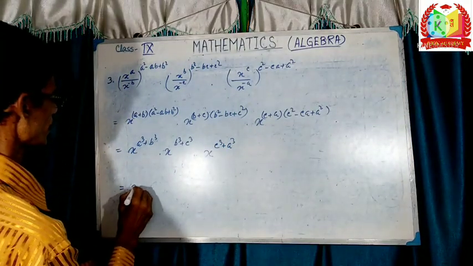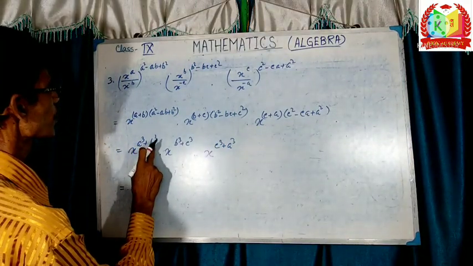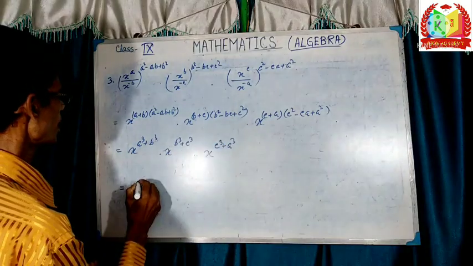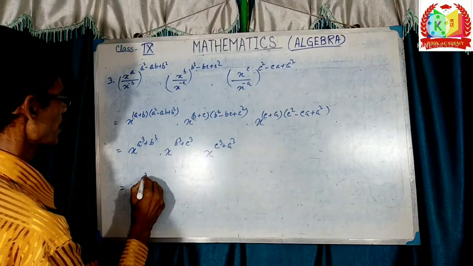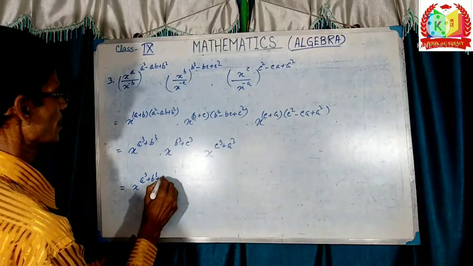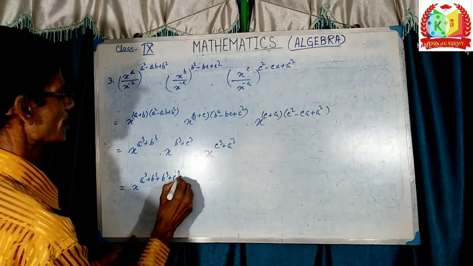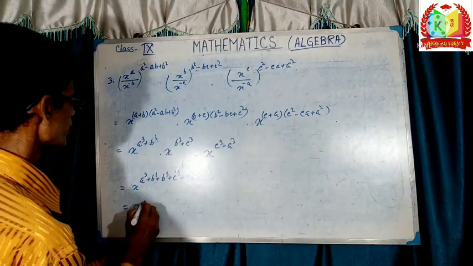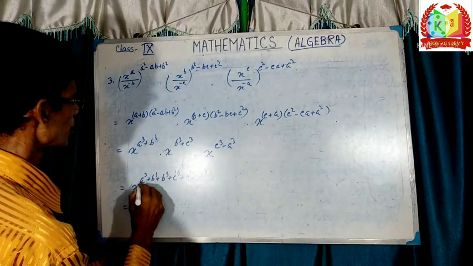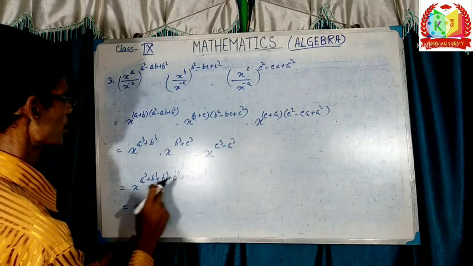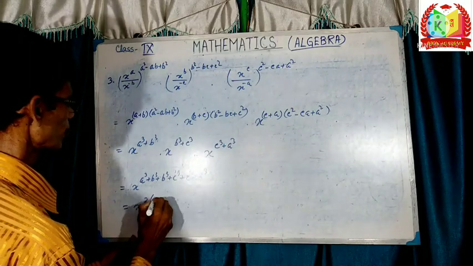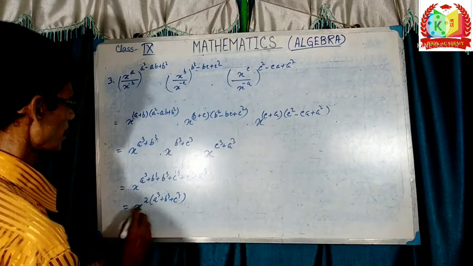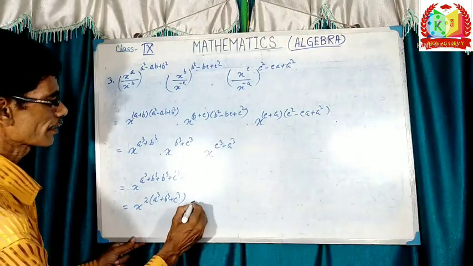Now write x to the power a cube plus b cube into x to the power b cube plus c cube into x to the power c cube plus a cube equal to x to the power a cube plus b cube plus b cube plus c cube plus c cube plus a cube, equal to x to the power 2a cube, 2b cube and 2c cube, that is 2 into a cube plus b cube plus c cube. This is the answer.